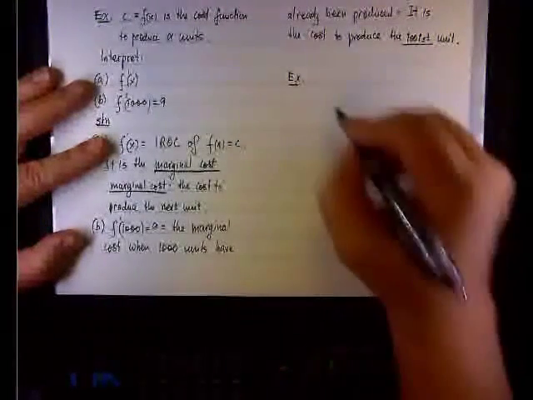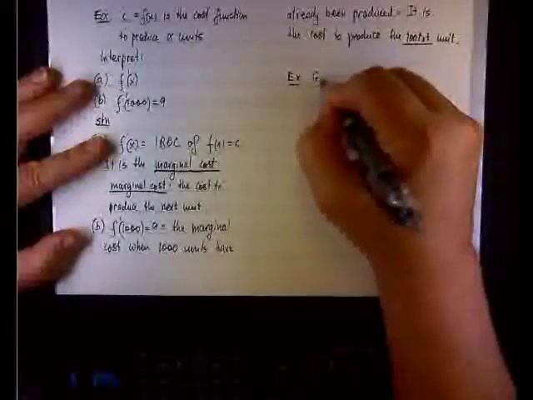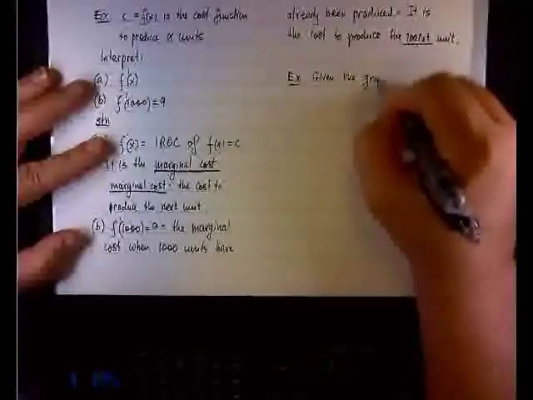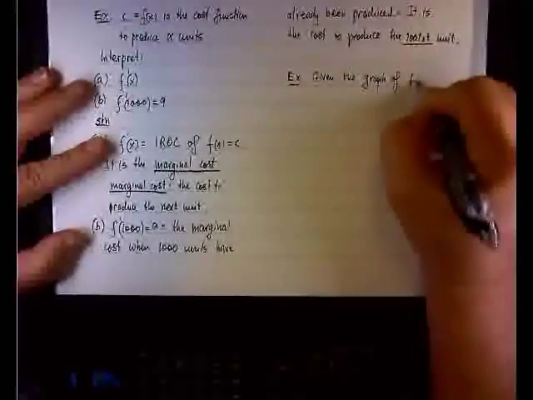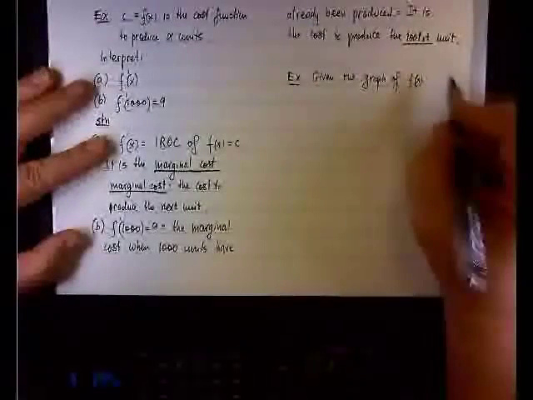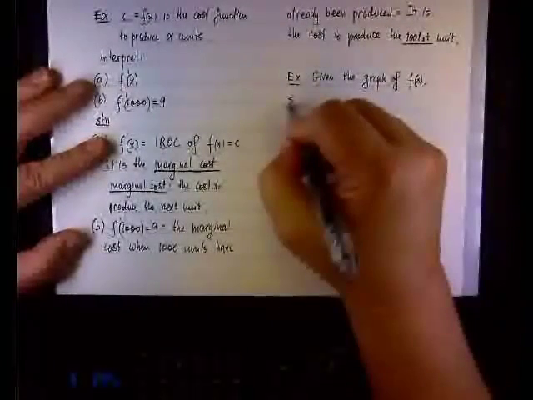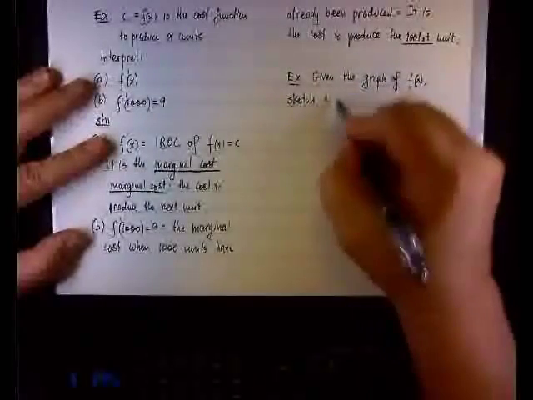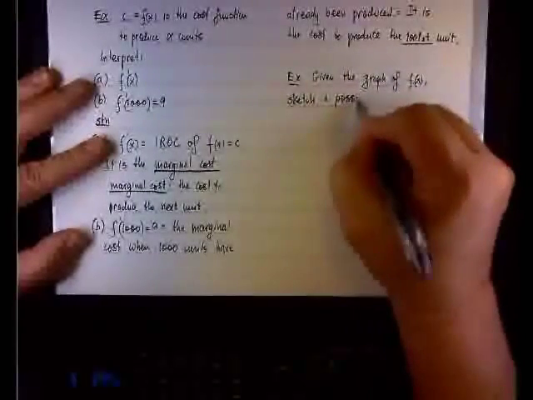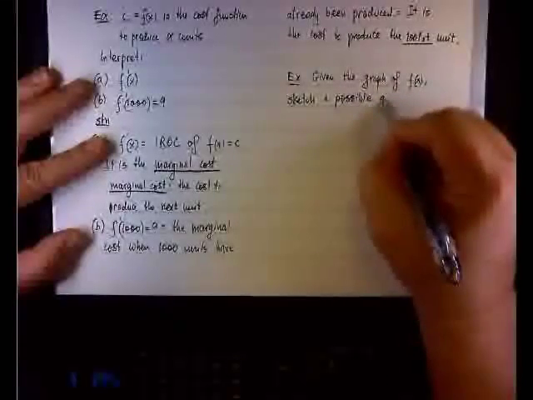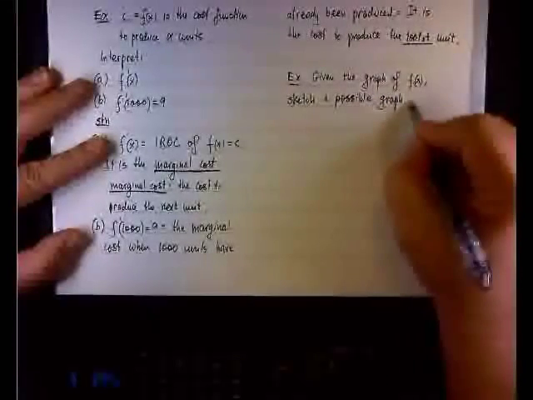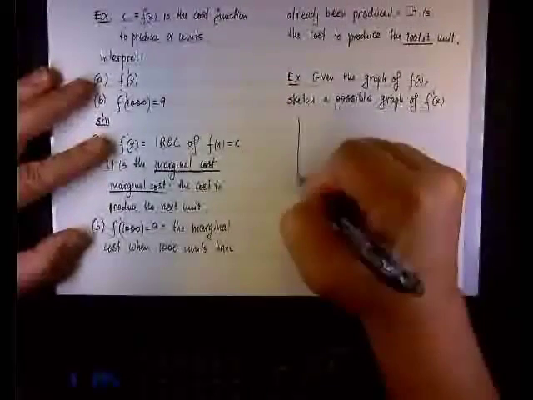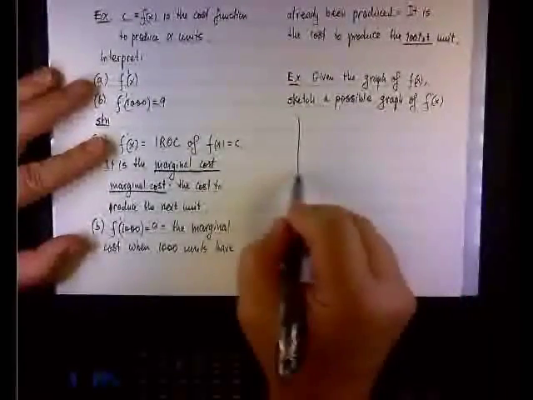Given the graph of f of x, sketch a possible graph for f prime of x. So we are looking at a graph that looks like that.